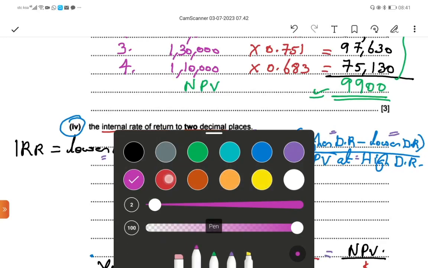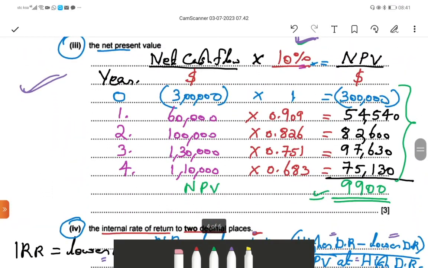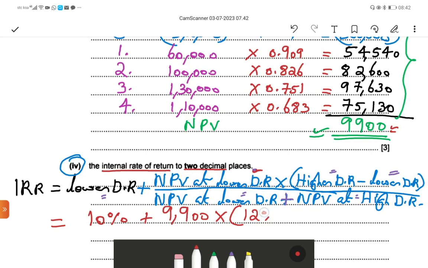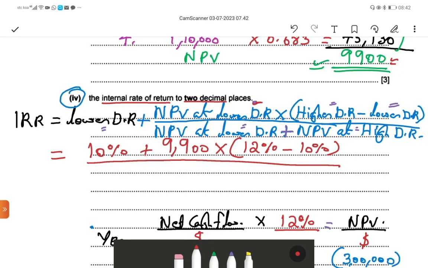So IRR is equal to the lower rate, 10%, plus net present value at lower discount rate, 9,900, multiplied by the higher discount rate minus lower discount rate, that is 12% minus 10%, divided by net present value at lower discount rate plus net present value at higher discount rate.